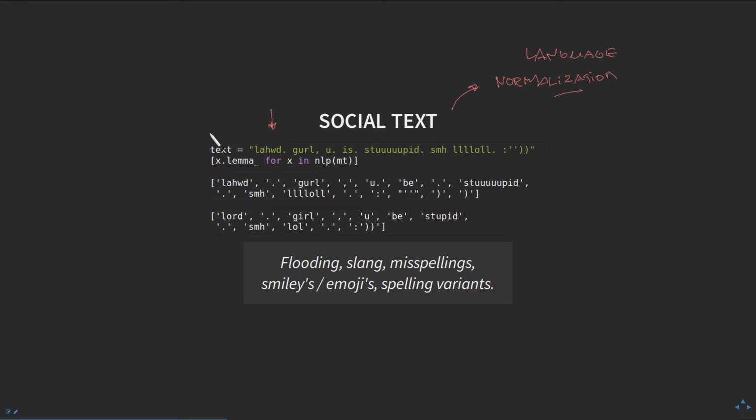So this would turn what spaCy thinks the token should be here into plain English, like shown in the box below. Now note that there are several specific points that it makes improvements on. So other than knowing that Lord maps to Lord and girl maps to girl, there's also a reduction of flooding characters, as this is called, like in stupid.